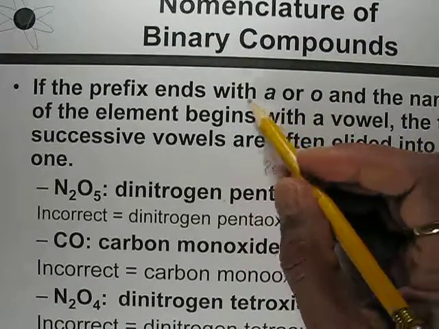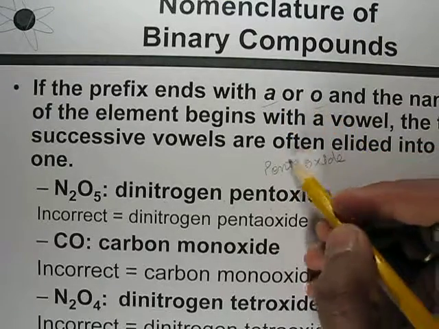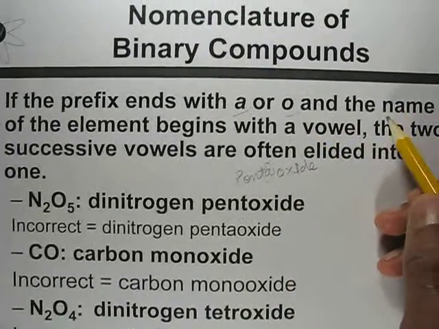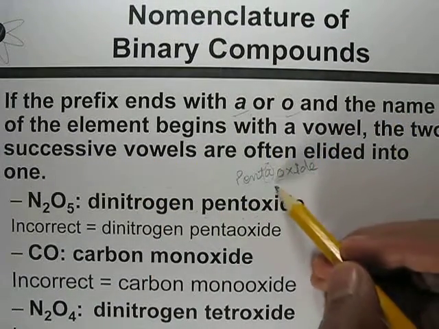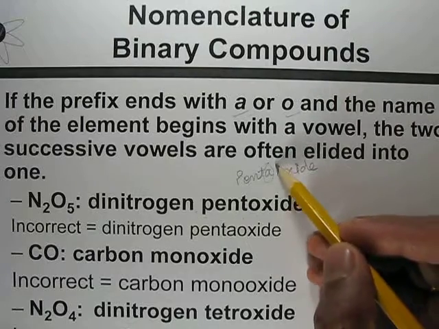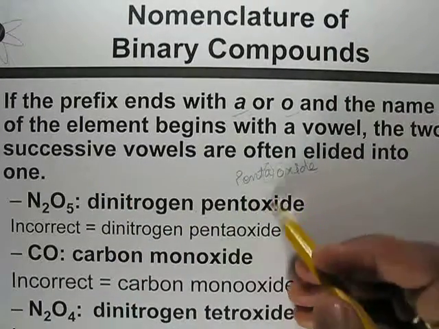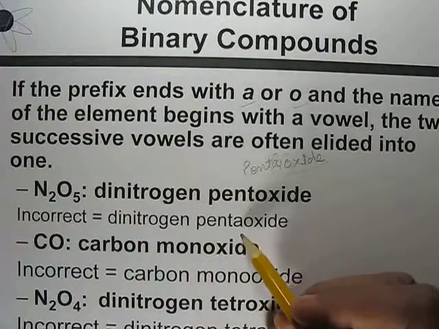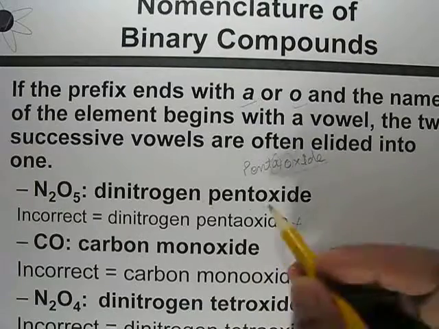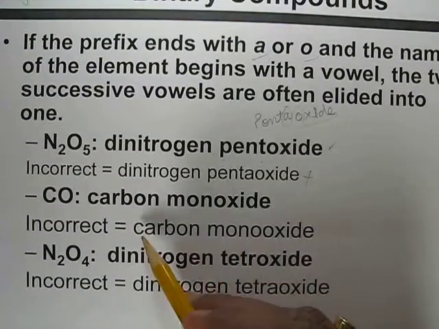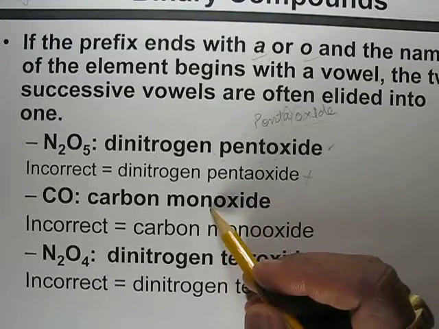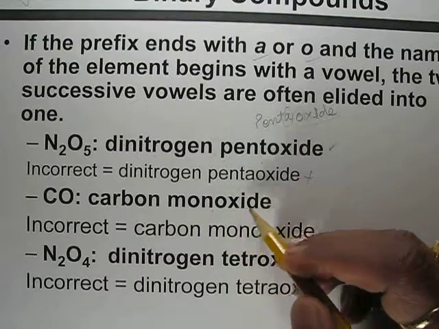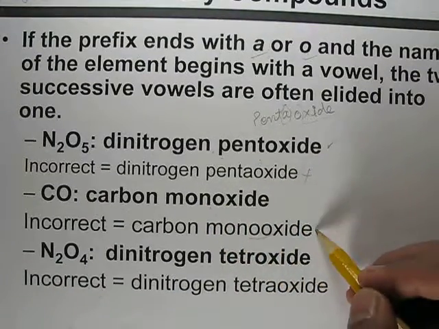According to this rule, if the prefix ends with a or o, which here is penta ending in a, and the next element begins with a vowel, o, then we combine these two together and write only one o. So dinitrogen pentaoxide is not correct; pentoxide is correct. Similarly carbon monoxide: if we wrote mono and then oxide, there would be two o's, monooxide. Rather than this, monoxide is correct.